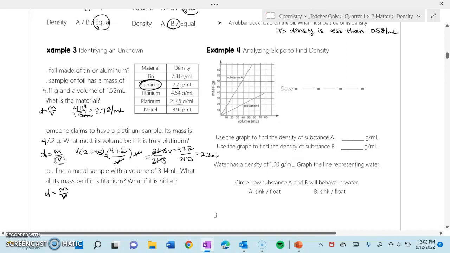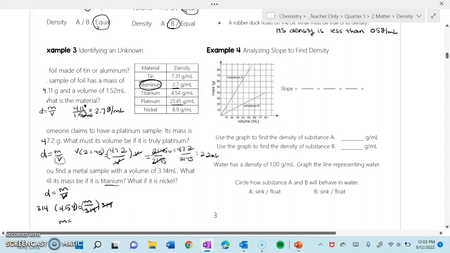Okay, same process, similar, I should say, as the one we just did, but now we're going to solve for mass instead of volume. So first, let's focus on titanium, which has a density of 4.54 grams per milliliter. We don't know the mass. I'm going to leave that as a variable, but we know its volume is 3.14 milliliters. To solve for M this time, we're going to multiply by 3.14.